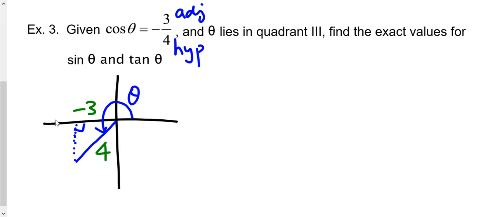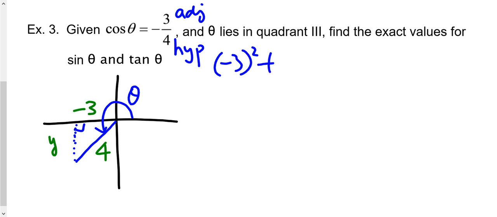Now, what is the length of this side, so that we can figure out sin and tan? Let's do the math. Again, a squared plus b squared gives you c squared. Call this side y.